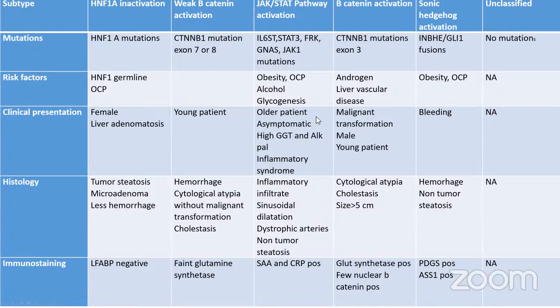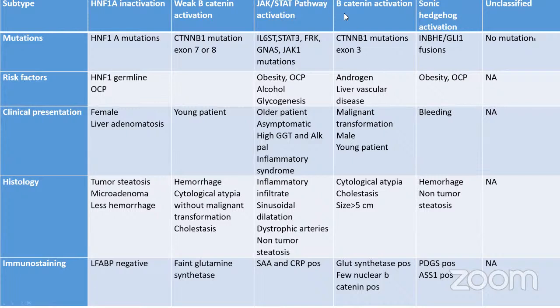Clinical presentation is usually older patients, asymptomatic, and they might have an accompanying inflammatory syndrome. On histology, you will see an inflammatory infiltrate, sinusoidal dilatation, dystrophic arteries and non-tumor steatosis. The SAA and/or the CRP would be positive.